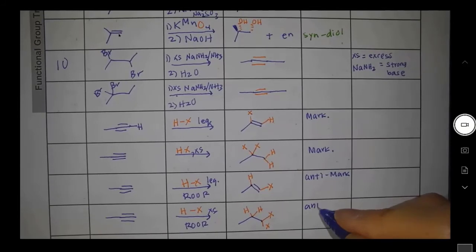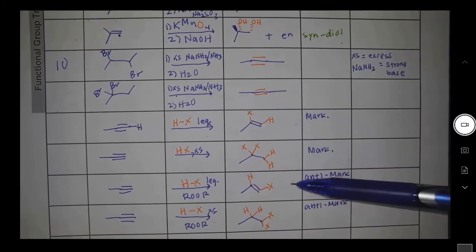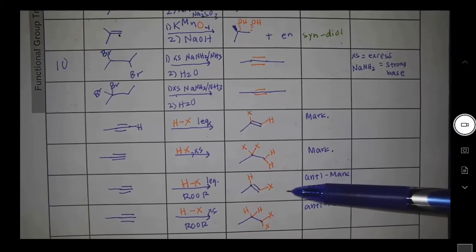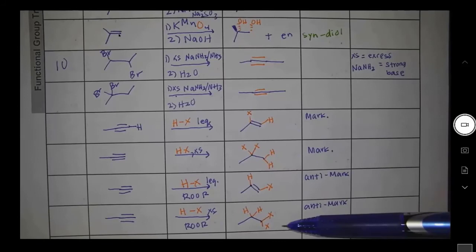This is anti-Markovnikov. So if we have 1 equivalent of HX with peroxide, we get an alkene as the product. If you have an excess, that reaction will keep going and give us the alkane.